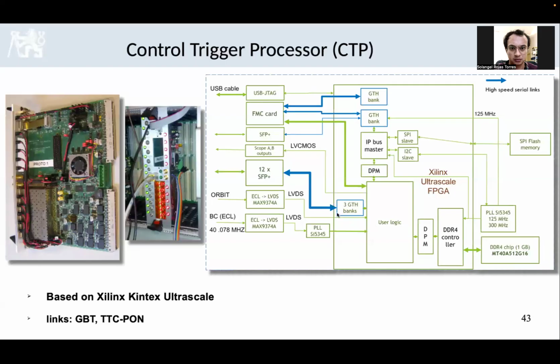Okay, this is how it looks, the central trigger processor of ALICE. Well, I will not go into detail, but here you have, for example, inputs from the LHC clock, information from the clock of the LHC.